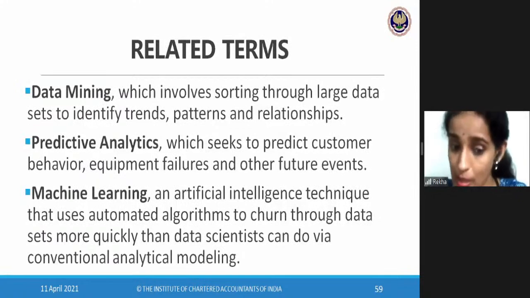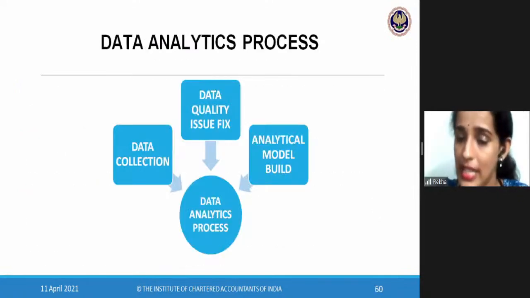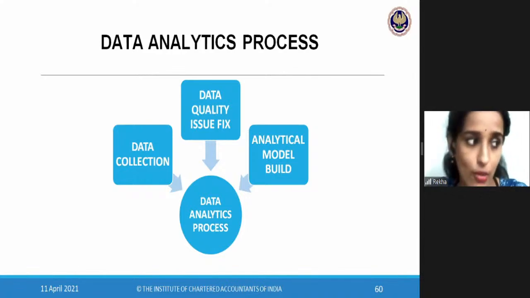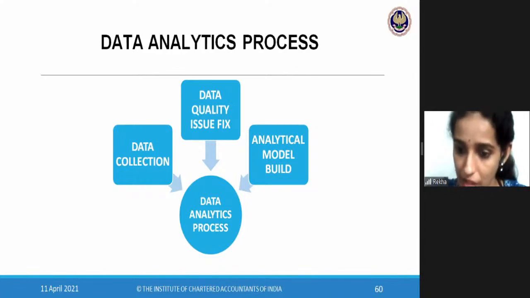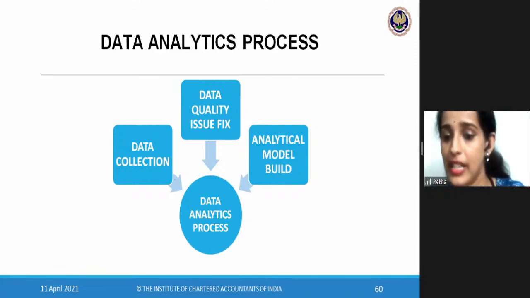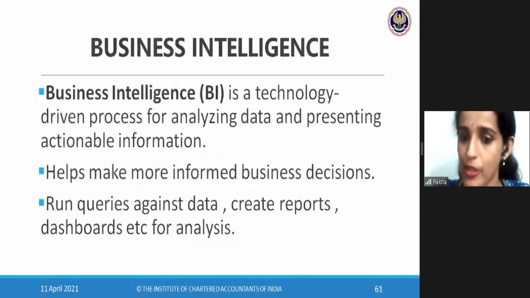Now, data analytics: collection, cleansing, and building the model. Three processes. Collection from different sources, not just from a single source. It could be from text, Excel, databases, data warehouse, be it ERP systems. They can collect that data, fix the quality issues, cleanse the data, make it available in a readable format, and then finally build customized reports.